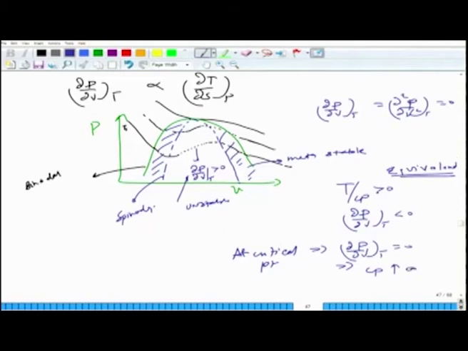Cp should be infinity. So if you measure Cp as a function of temperature, at the critical point you should see it increase to very large values, right.